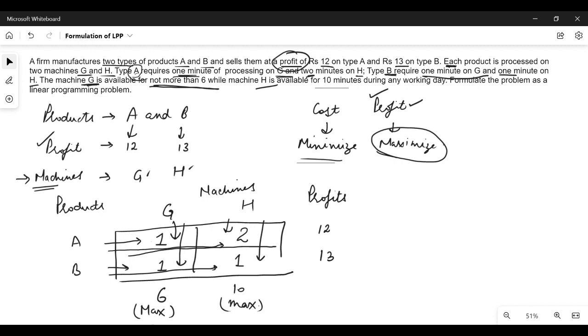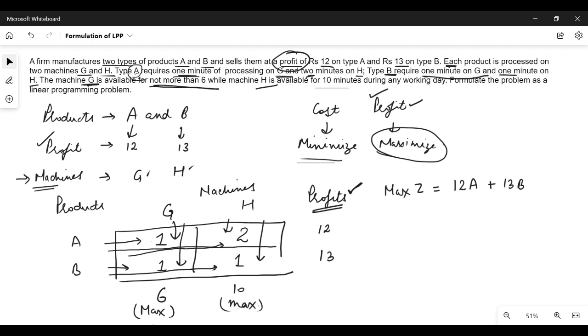Clear? So now while formulating the linear programming problem, first of all, we will make the equation which includes either cost or profit. Here the profits are given, so I will write maximize Z equals 12 for A product plus 13 for B product.